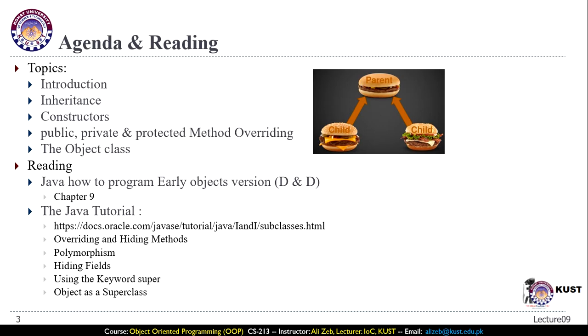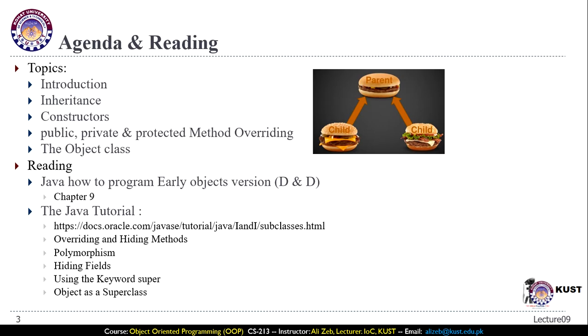Now that we will study inheritance, we'll try to understand how some of these access modifiers can be used and the situations where they can or cannot work. We will discuss method overriding, and also, if we get a chance, we'll talk about the Object class, that is the superclass of every class in Java.